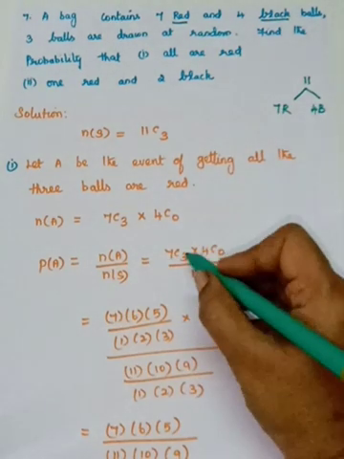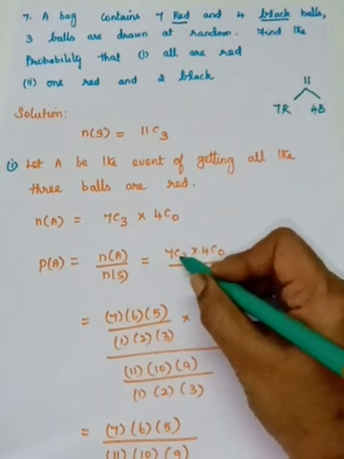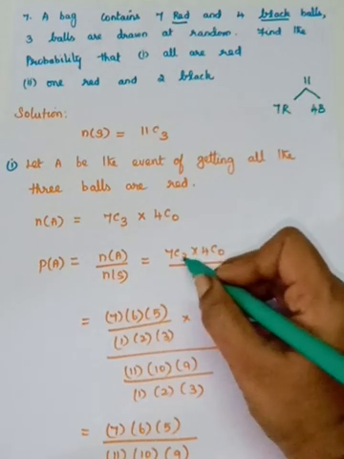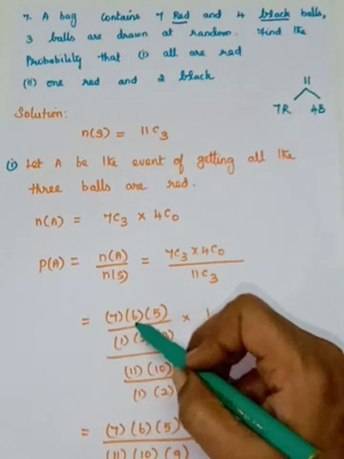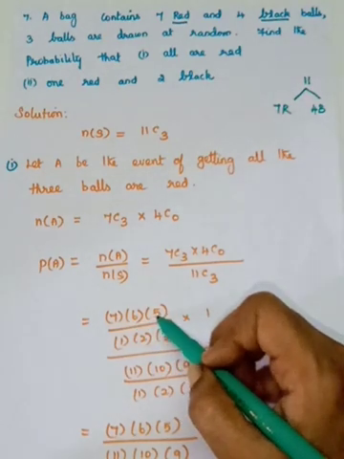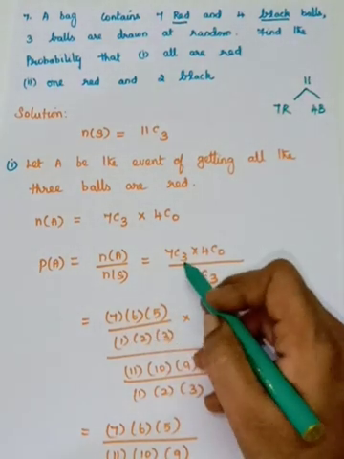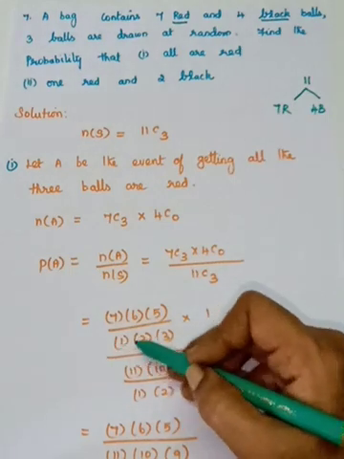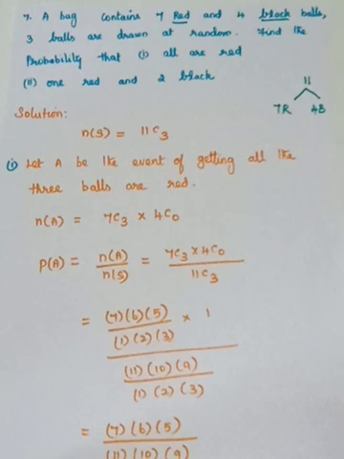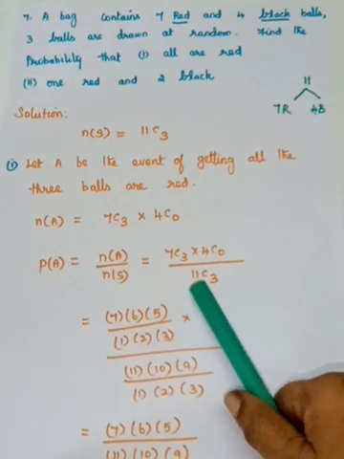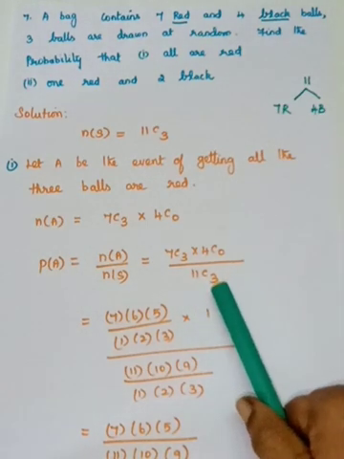How many places do we have to fill up? 3 places, by reducing 1 from the previous number. So 7, 6, 5, 3 places filled, divided by 3 factorial. What is 3 factorial? 1 into 2 into 3. And what is 4C0? That is 1. Divided by 11C3. So 11C3, how can you write it?